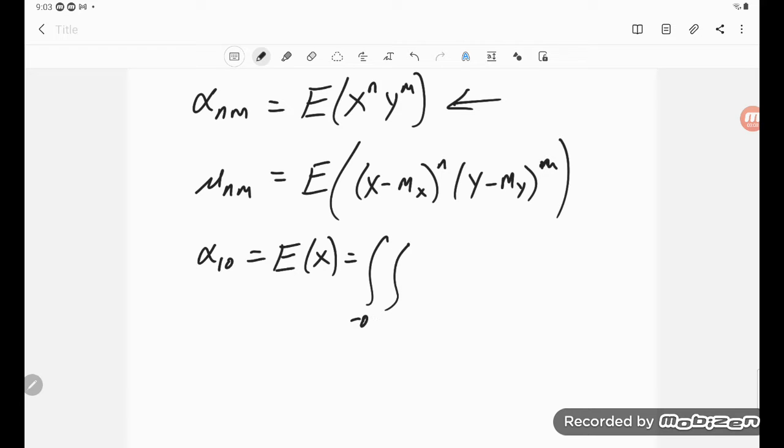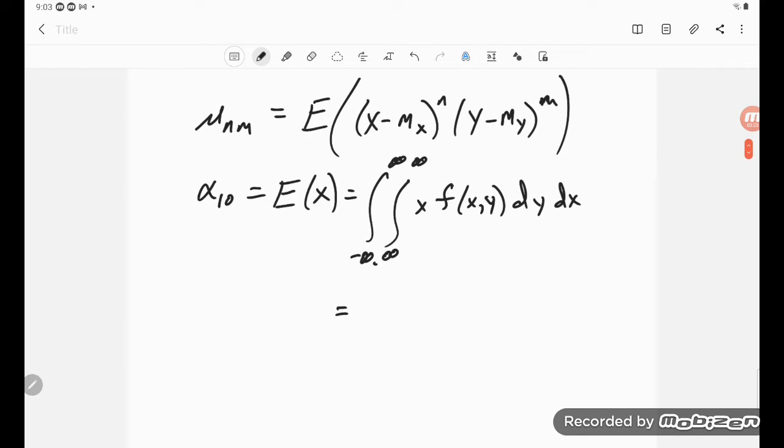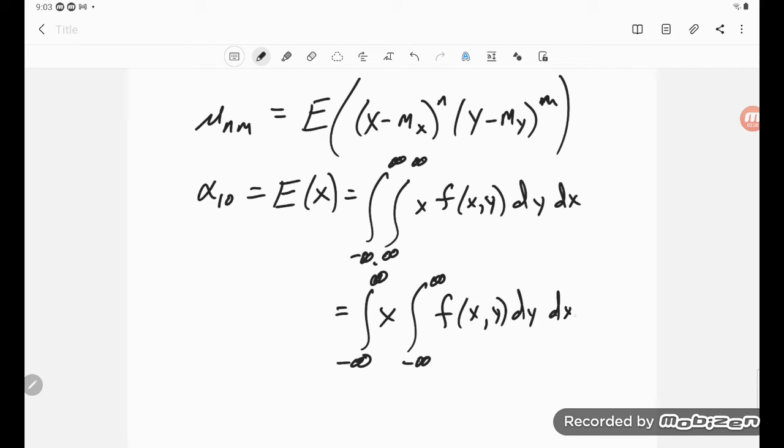If we use continuous, we would have x and then f of x y, say dy dx. But now, just move that x out of there, and you have the integral from minus infinity to infinity of x times the integral of f of x y dy dx.